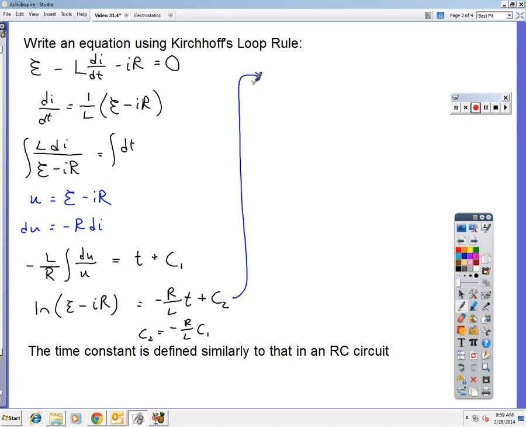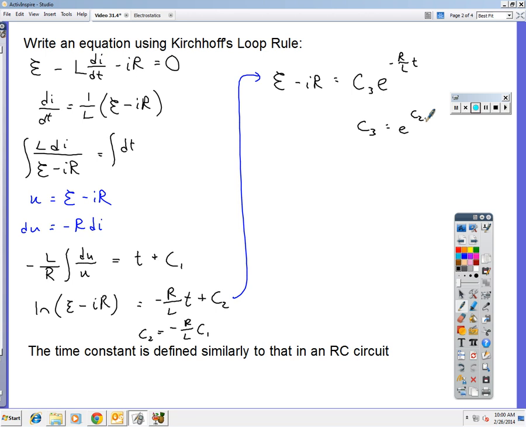At this point, we move up to the next column to get more space. We exponentiate both sides. That gives us E minus IR equals a third constant C3 times e to the negative R over L times t. And again, C3 we're going to define as e raised to the C2 power.